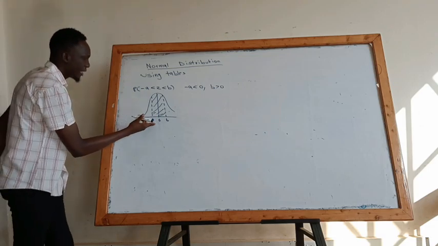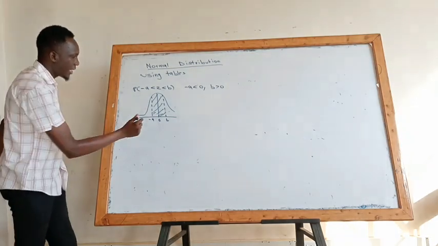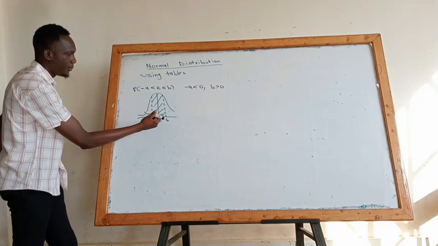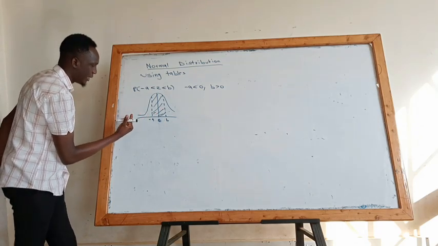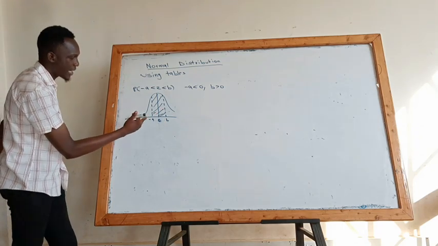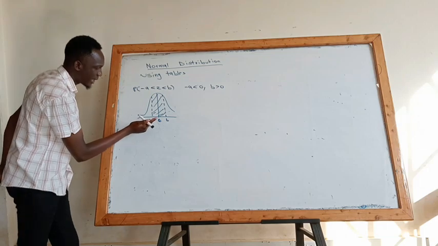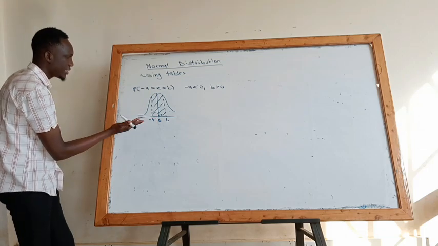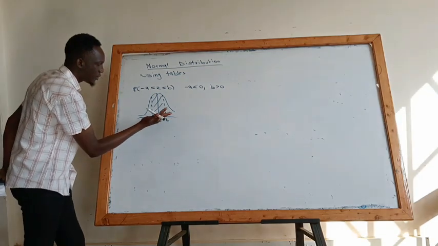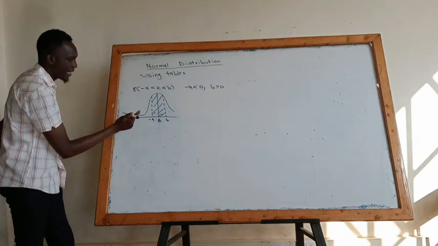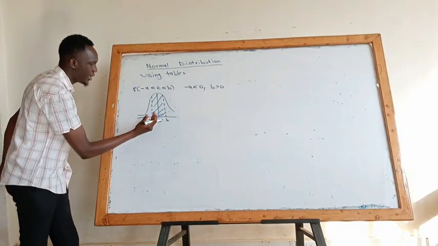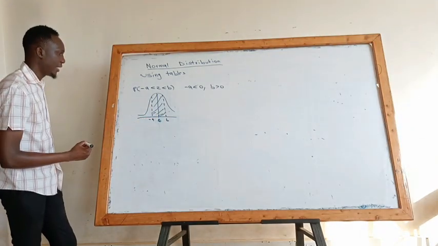To find it, we find the area from B to negative infinity minus the area from negative A to negative infinity. That is phi of B, which gives us the area to the left, minus phi of negative A, which also gives us the area to the left.